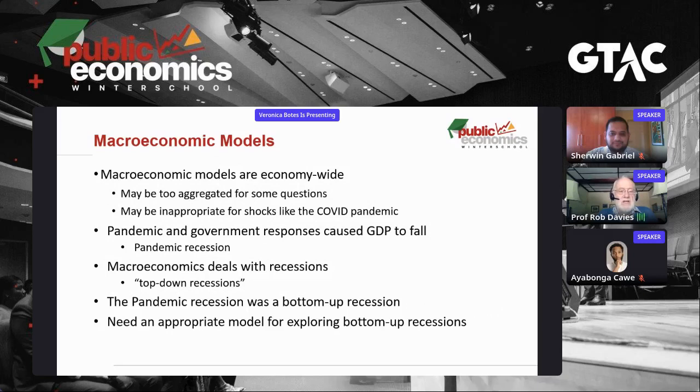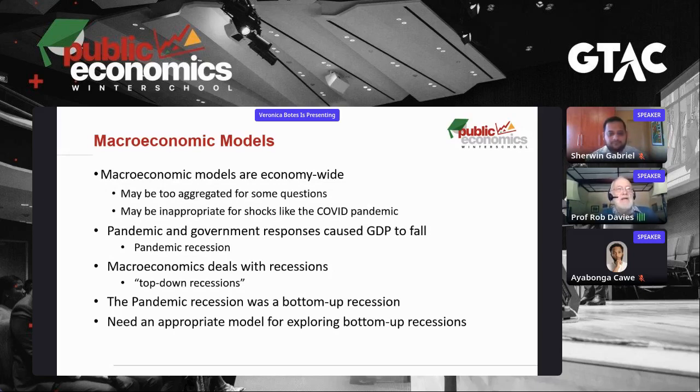Next, please. Well, obviously, anyone who studied economics knows that macroeconomic models are economy-wide models. They cover the whole economy. But often macroeconomic models are too aggregated for the sorts of things that policymakers are interested in. So, for example, the macro model might tell us that GDP is going to rise, but the policymakers are interested in which sectors it is going to rise in, and which ones will rise faster than others.